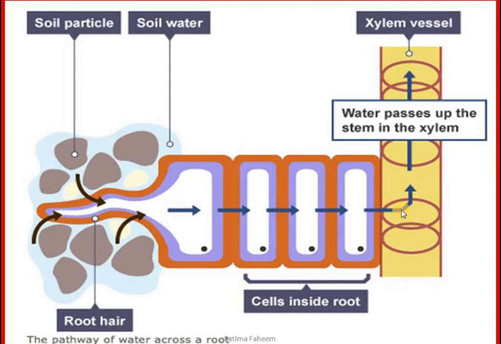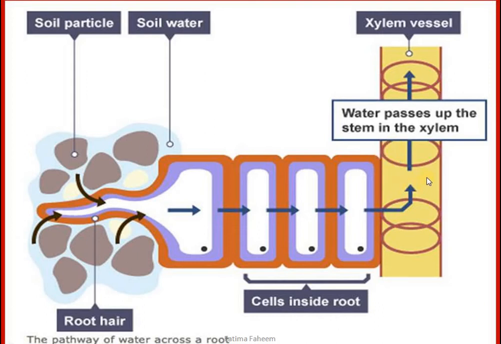Now this xylem vessel has to conduct water, or transport water, uphill against gravity. This will be done by other mechanisms that you don't need to know now. They will be discussed in your chapters coming ahead. This water will move from the roots to the upper parts of the plant's stem or leaves by the xylem vessel.